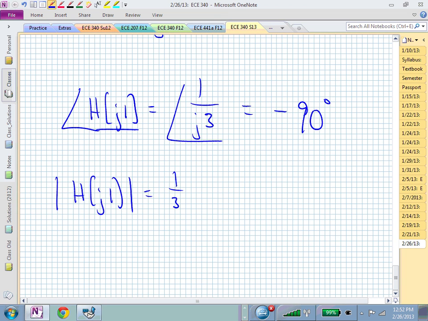If we wanted to know then what the first harmonic of the output response was going to be, we would have our original amplitude of our cosine omega t, or our cosine of t, which was 1. We would scale that by the magnitude of h at J1.